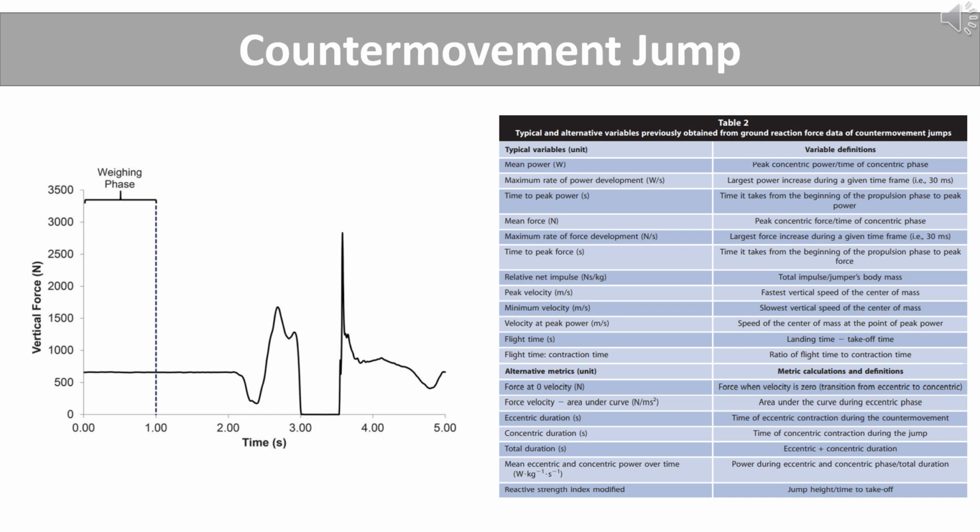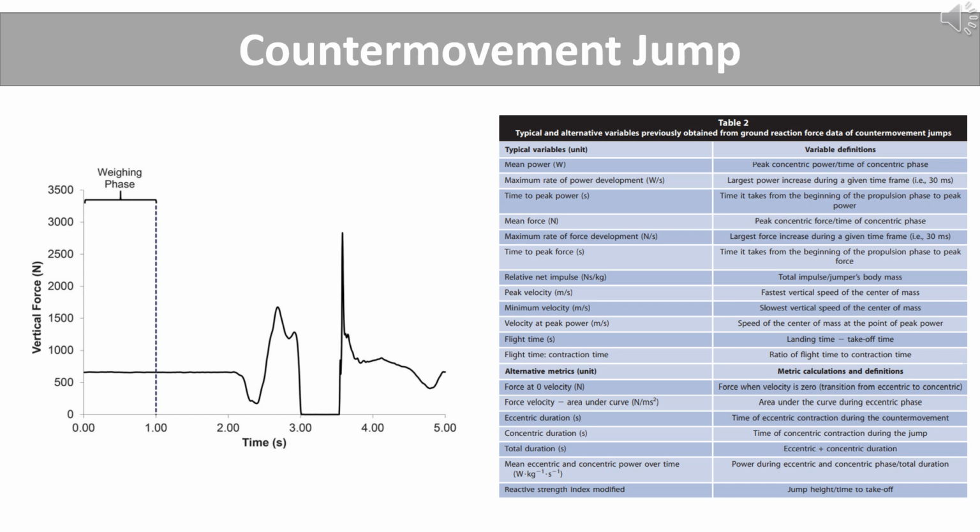And of course, they range from a whole host of different metrics, looking at purely force, power, understanding the interaction between force and time, so looking at impulse, assessing velocity, and then also looking at some time orientated metrics as well, like eccentric and concentric duration.